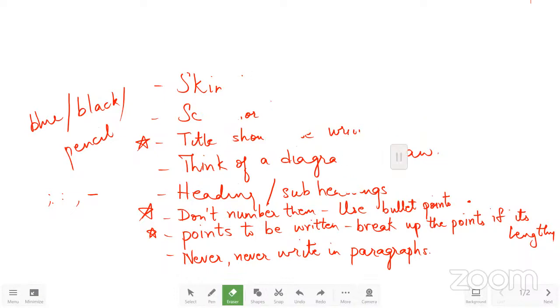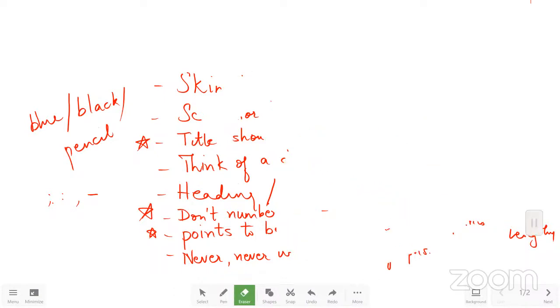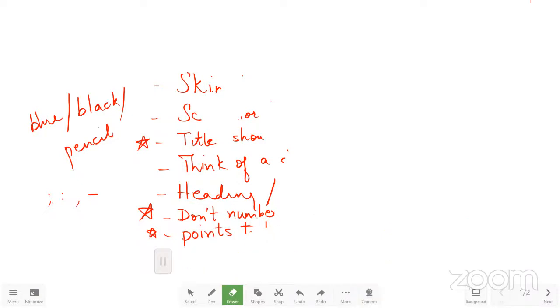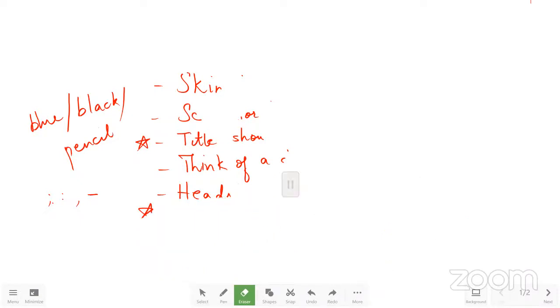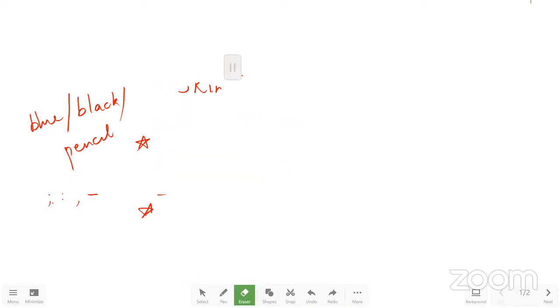After the lecture, please don't just leave it. I have asked you, go through your book. Everything will come from the textbook. Note making has 7 or 8 exercises. Go through it, because in your study material, there are no diagrams, only headings and subheadings.